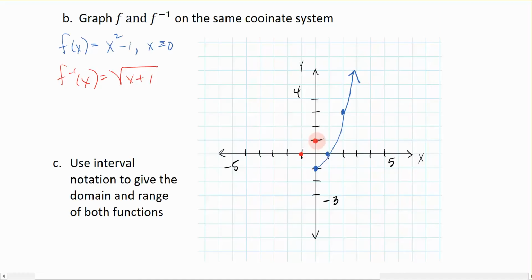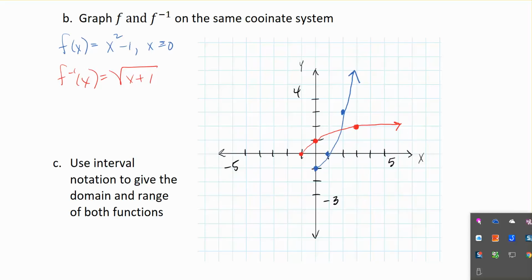And then I know, because I know my parent function, that I would have another point that eventually would be down here at 2, 3. So this is the inverse function. And you can look at this and you can see that these two graphs really do follow that imaginary slanted line y is equal to x.